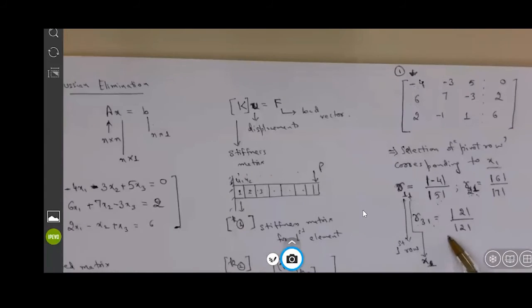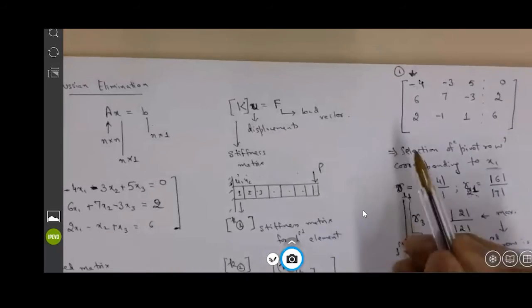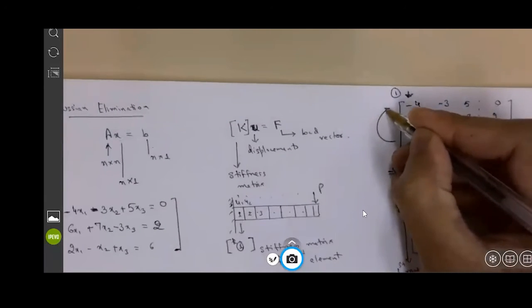If you calculate that, which one do you think will be the maximum here? R31? Everybody agrees R31 is the maximum. So this is your maximum, which means the third row is your pivot row. You take this third row and interchange it with the first row.